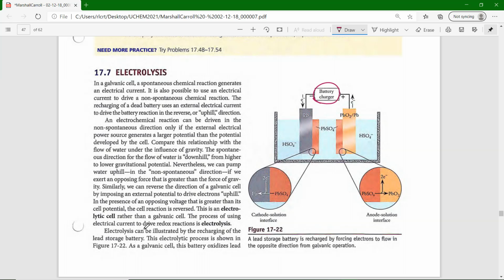And the process of using electrical current to drive a redox reaction that otherwise wouldn't go is called electrolysis. It's also used to talk about breaking things up by zapping electricity, like electrolysis of water, right? You run a current through water and you collect hydrogen and oxygen. That's our classic electrolysis process.